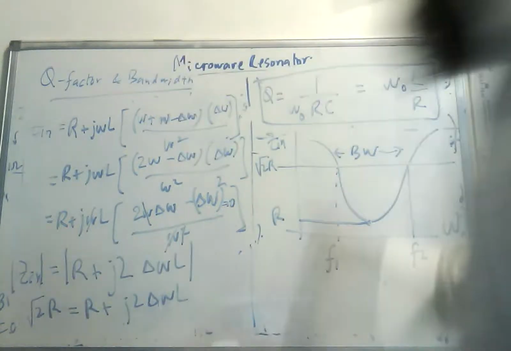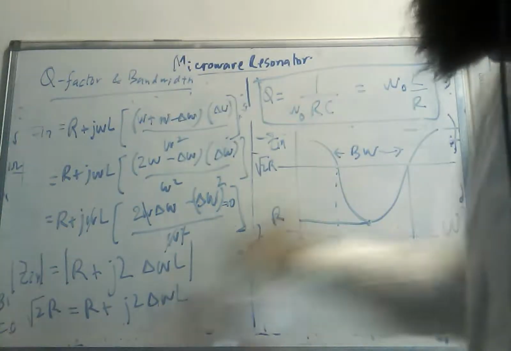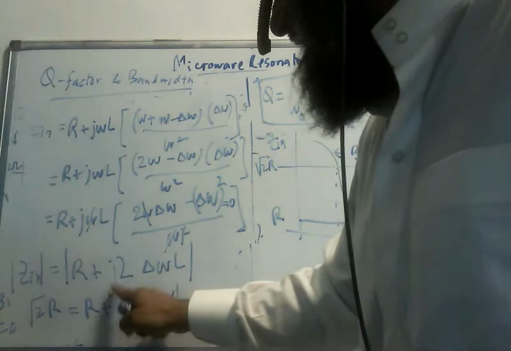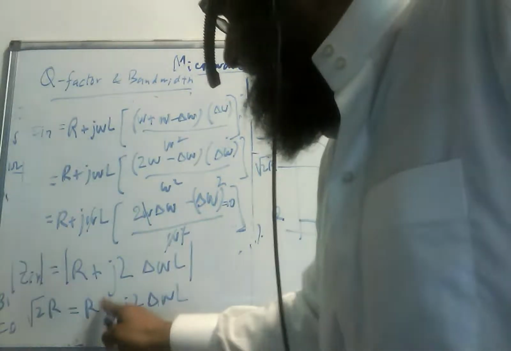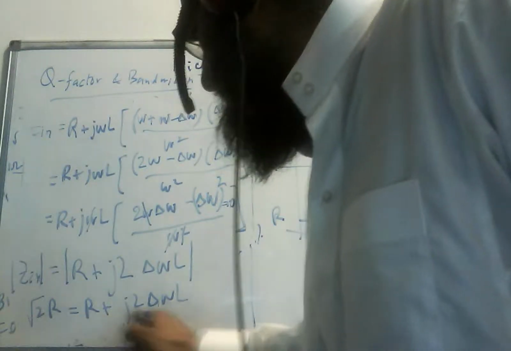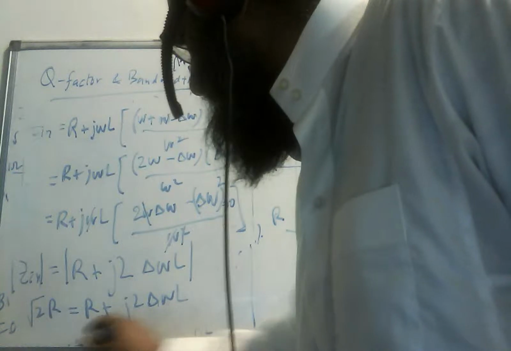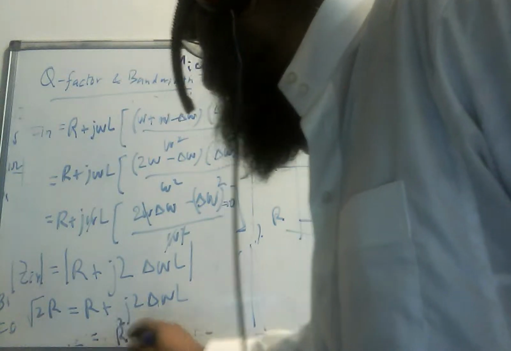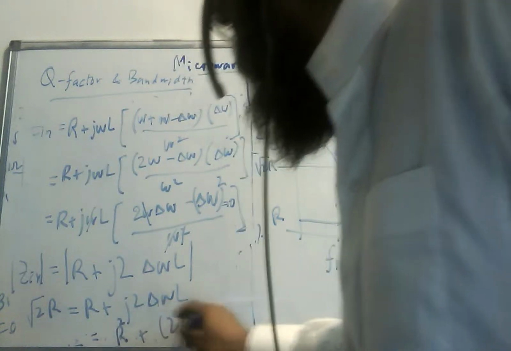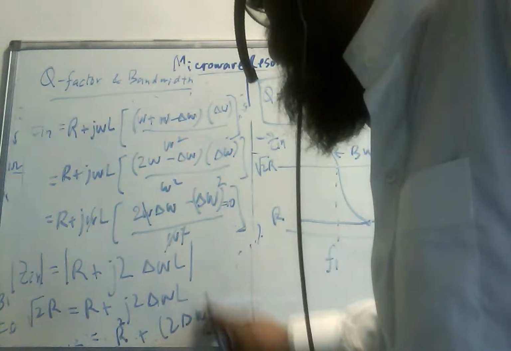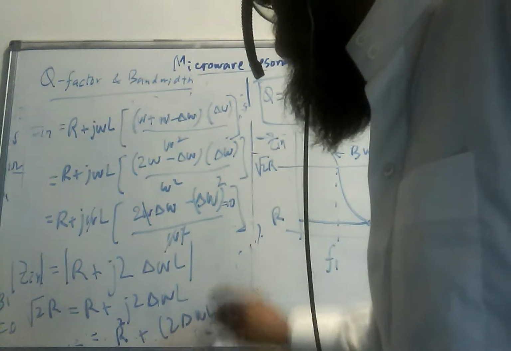So this is actually the impedance, because this is my magnitude. I calculate the magnitude here. So what is the magnitude of this? It is equal to the real part square plus the imaginary part square, 2 delta omega L square, and then square root.